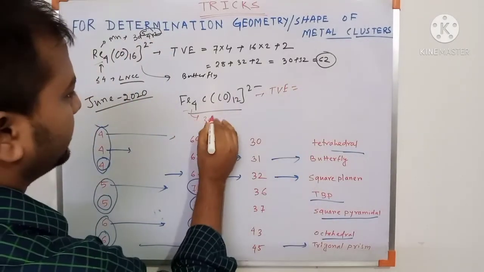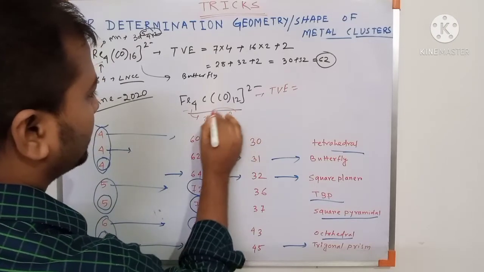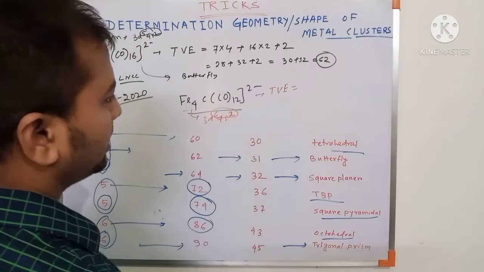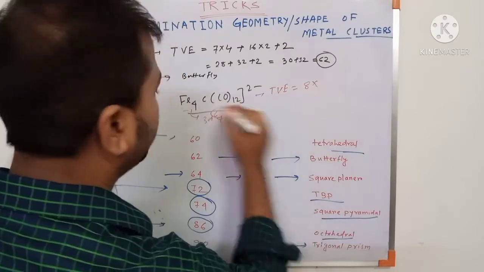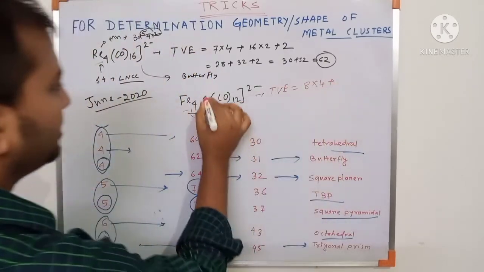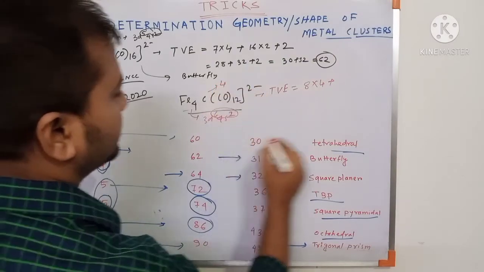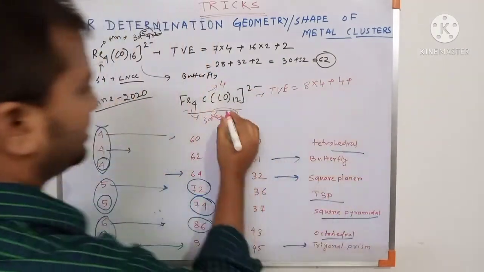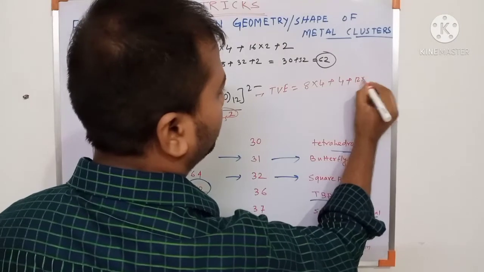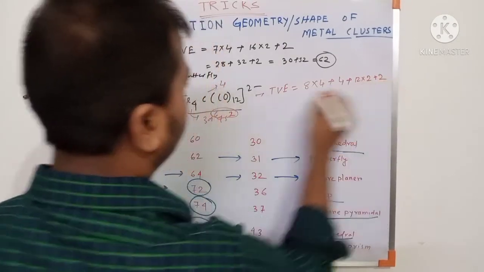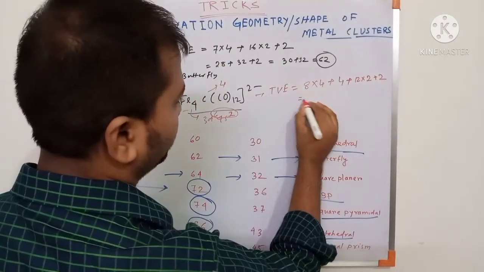Iron is 3d6 4s2, so total electrons 8, into number of metal atoms 4, plus carbon as an interstitial atom contributes 4 valence electrons, plus CO 12 into 2 electrons, plus 2 for the charge.